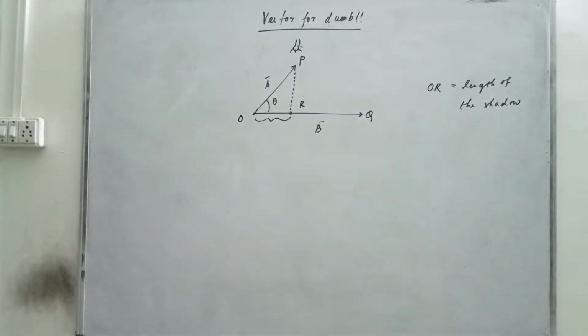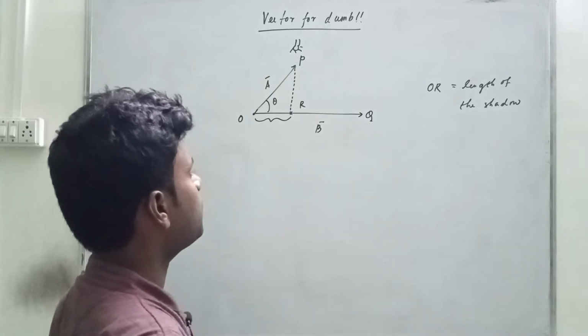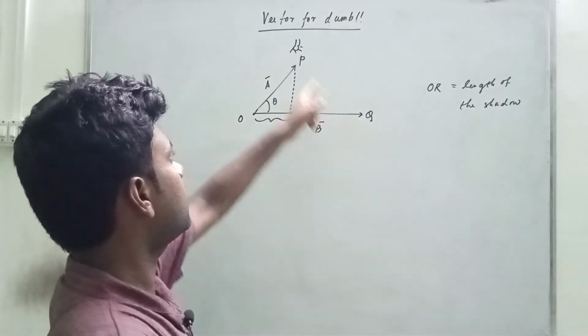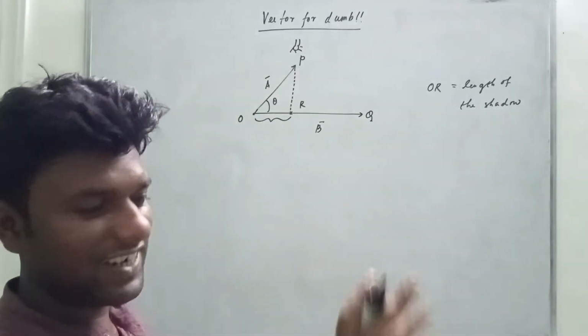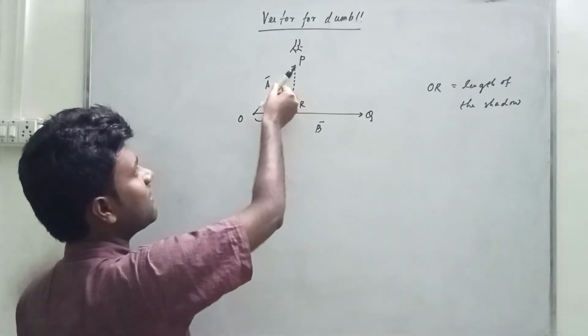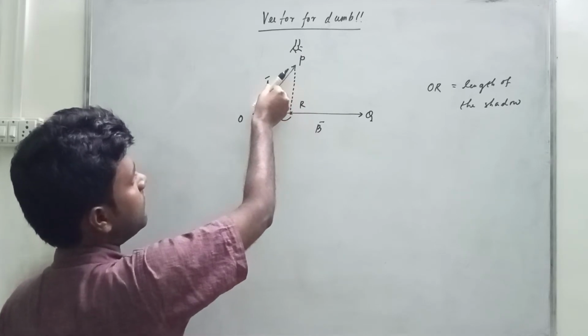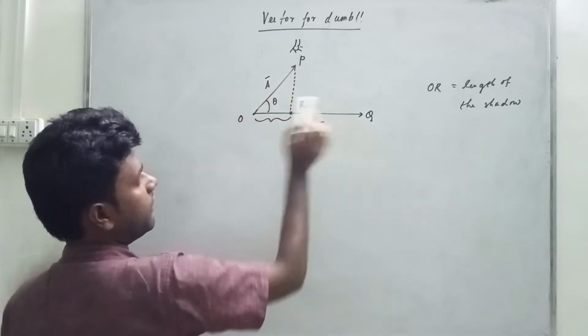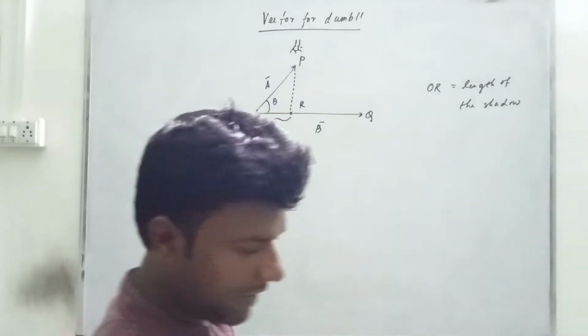Obviously it will be the length of the shadow if you light a candle perpendicular to the vector B, perpendicular to the straight line. The vector A is just a stick, right? So obviously the shadow of this A on the vector B will be this OR. It's a very simple case.